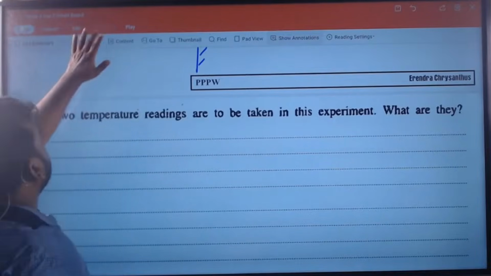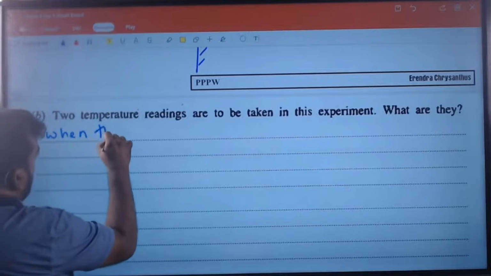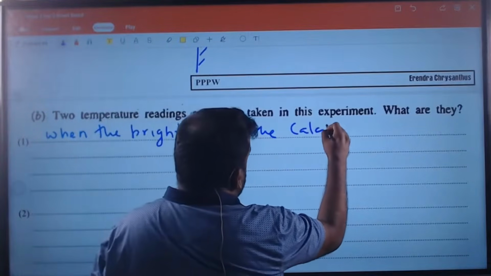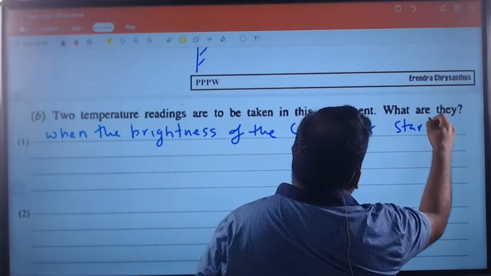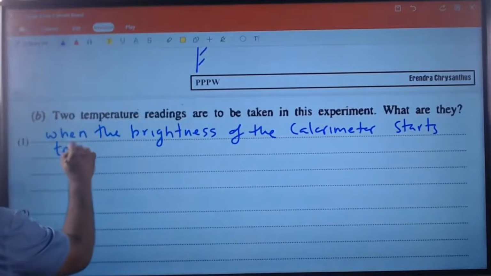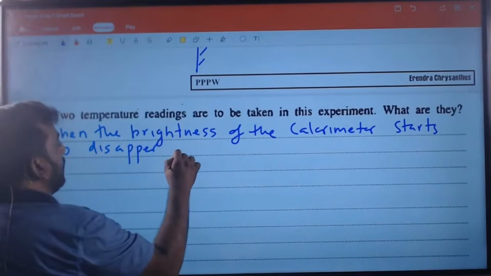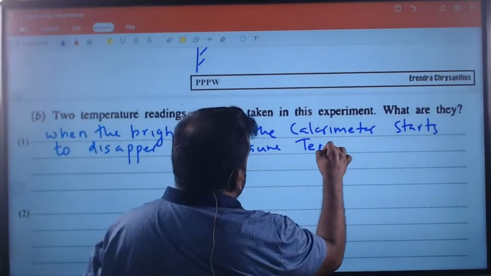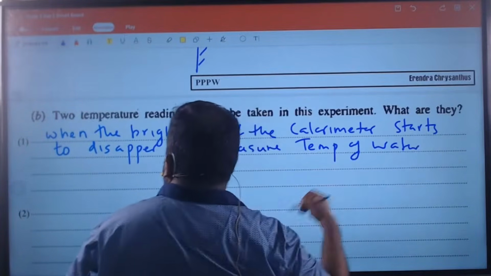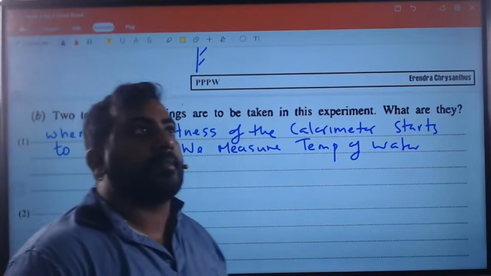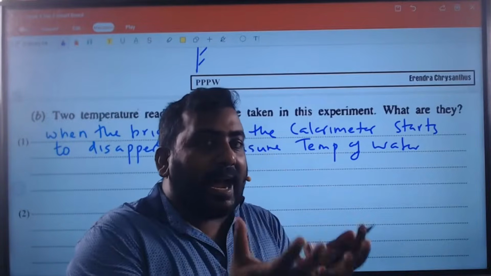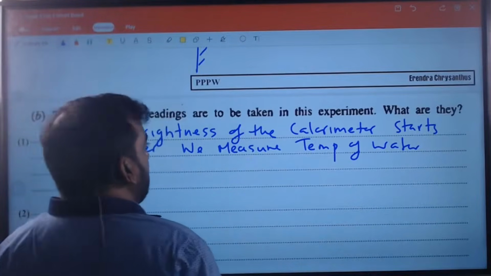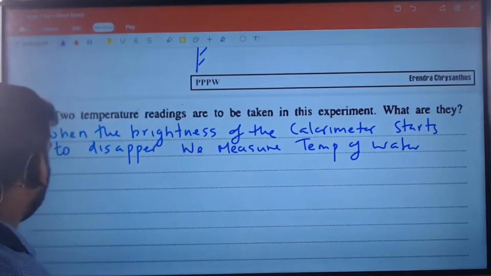So you can write here, when the brightness of the calorimeter starts to disappear, we measure the temperature of water. Right. Next one, what we do?